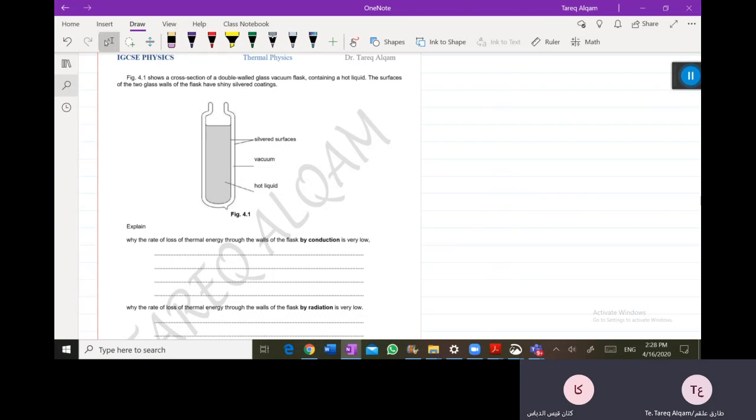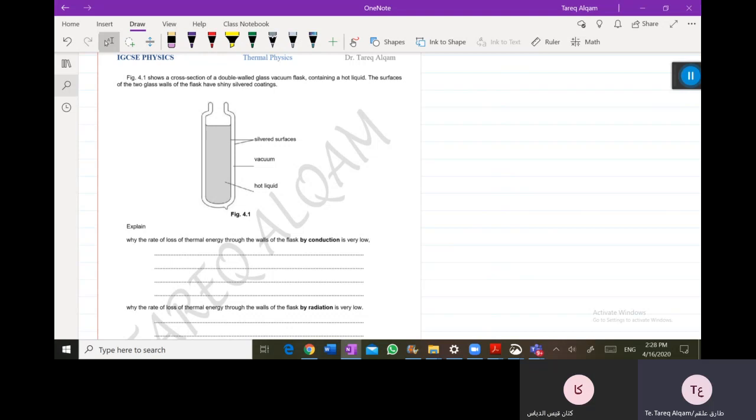Do you remember the vacuum flask? We said the vacuum flask is manufactured in a certain way. The vacuum flask will reduce the heat transferred, either from outside to inside or from inside to outside.